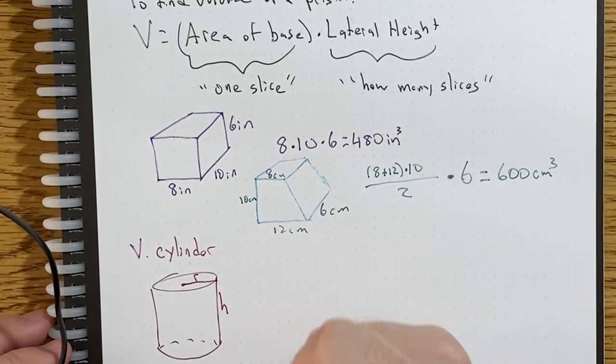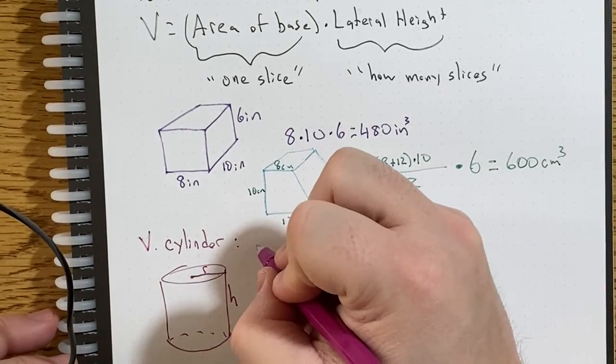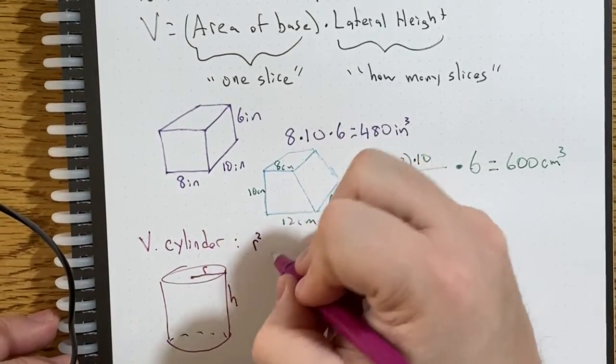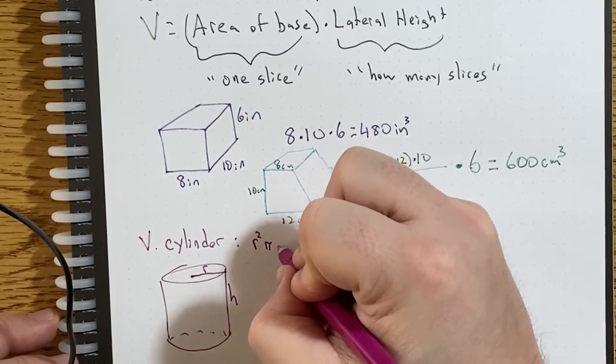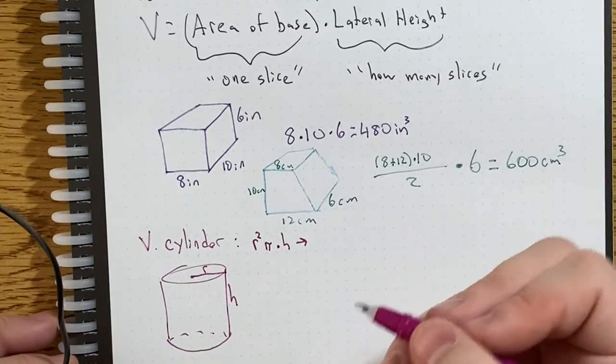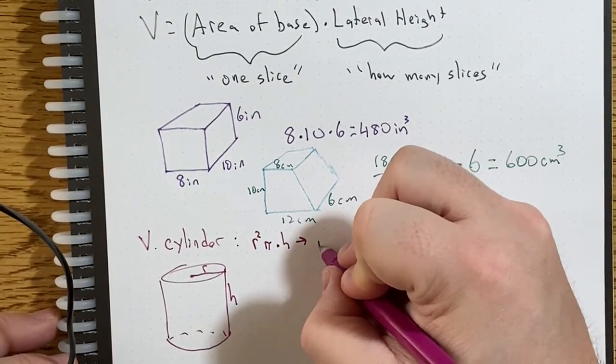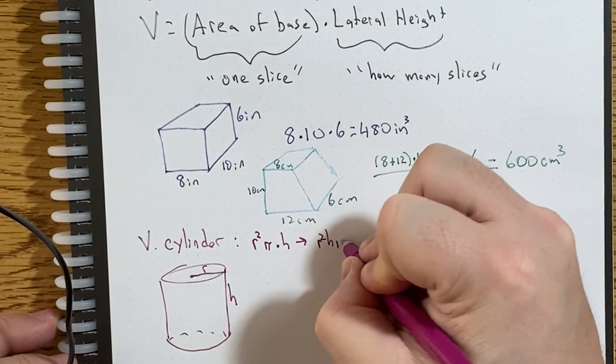And this would be the height. So simply for a volume of a cylinder, you're going to do r squared pi times h. And I like to just rewrite this because the commutative property says you can move things around when you're multiplying. R squared h pi.